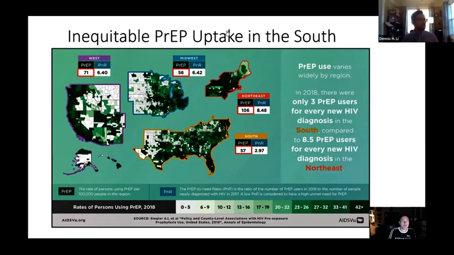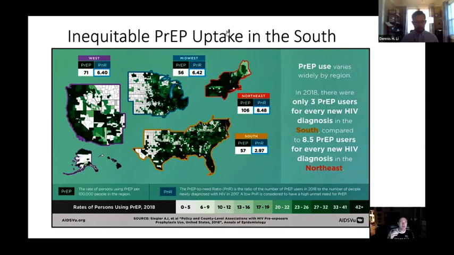When we look at the PrEP-to-need ratio, which is the numbers in blue, we would say that in the West, for every one person newly diagnosed with HIV in 2017, there were over 6 PrEP users in 2018. That's about the same as in the Midwest. But you'll notice that there's a big difference between the Northeast, where there were over 8 PrEP users in 2018 for every 1 new diagnosis in 2017, and the South, where that number was 3.